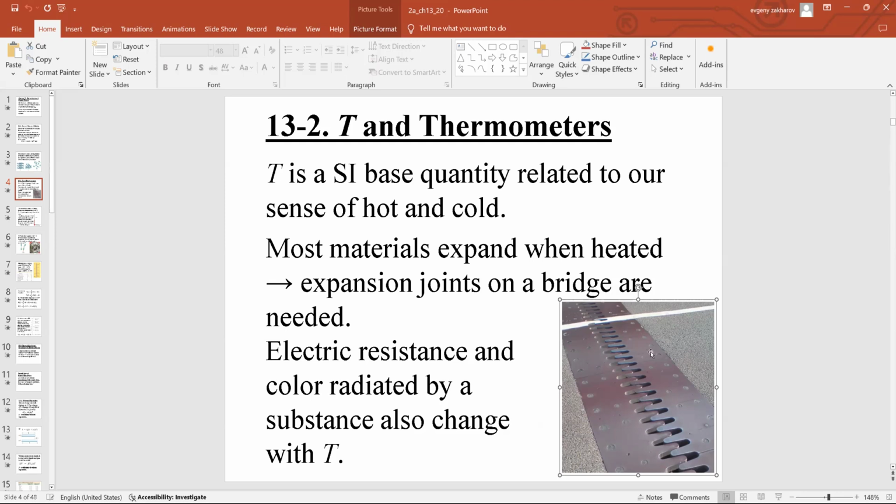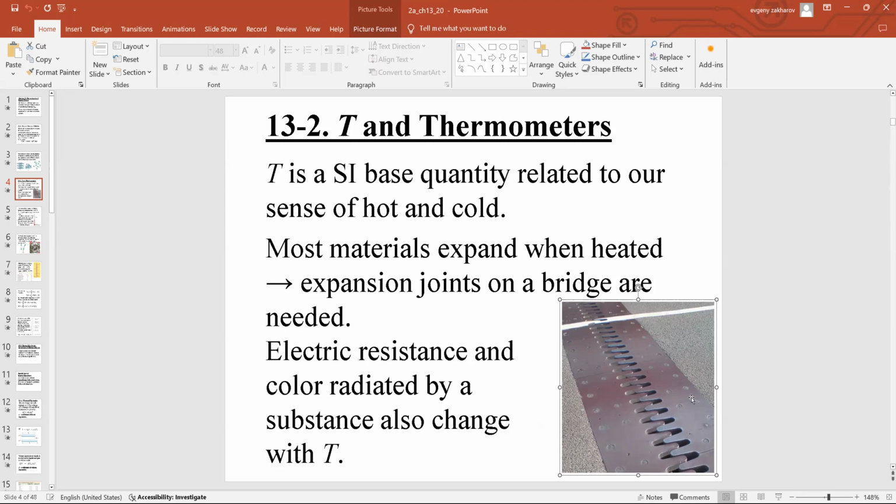So you put those expansion joints and you leave a little space in between so that once there is a sunny day and there is expansion, then the joints will counterbalance for that expansion and will allow a little bit of expansion so that the bridge stays under thermal control, if you will. So extra thermal stress will not do any damage to the bridge itself.